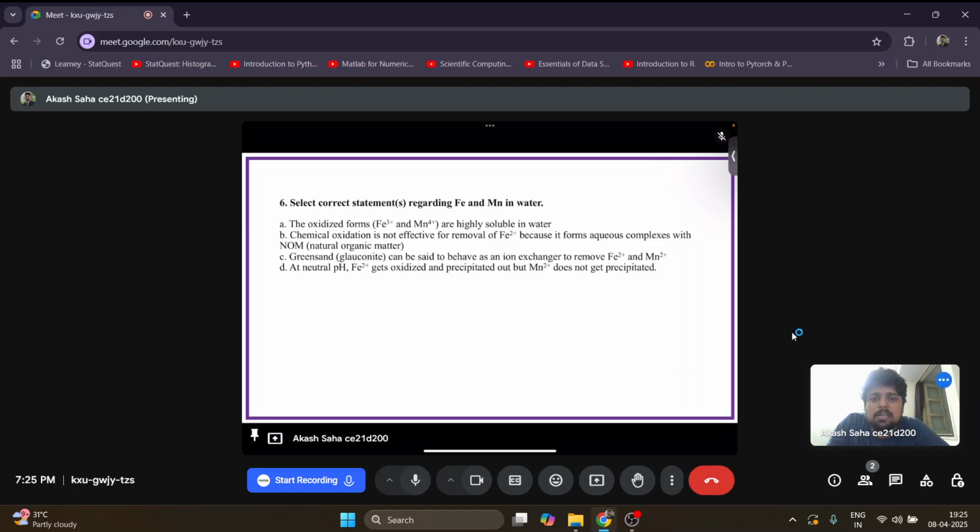Green sand can be said to behave as an ion exchanger to remove the ferric and manganese ions. At neutral pH, Fe2 plus gets oxidized to precipitate out, but Mn2 plus does not get precipitated. So again, we are talking about ferrous and manganese removal. Okay, so just go through the statements once again and try to answer the question.